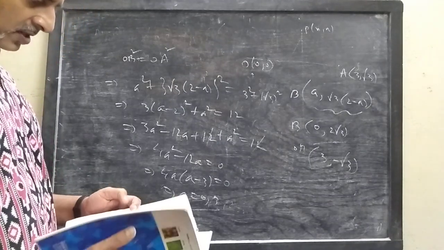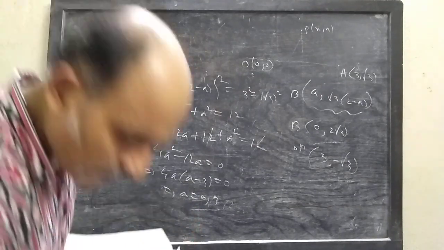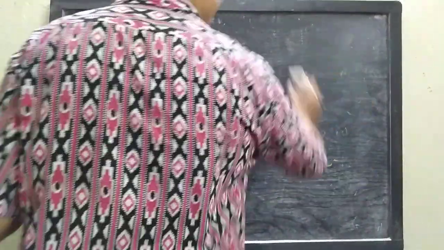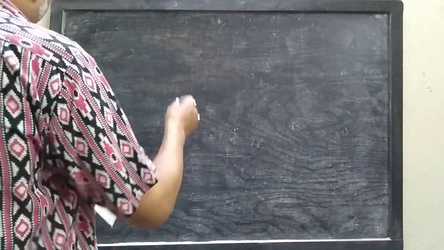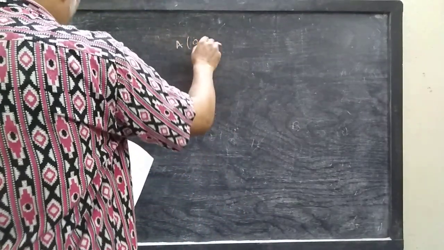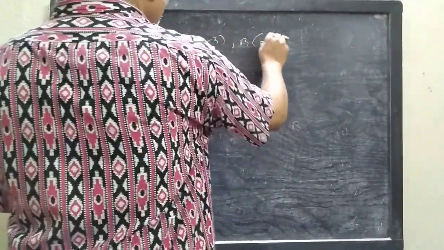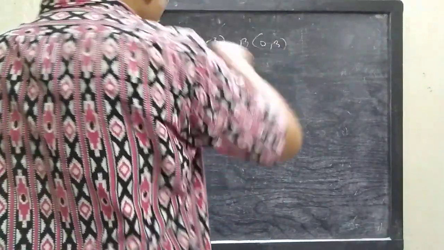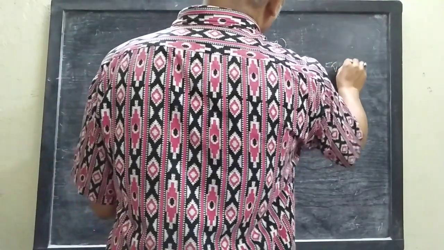Now take homework of this type of problem. You are given two points A (0, minus 3) and B (0, 3), and you are asked to find the third vertex C so that triangle ABC is equilateral.